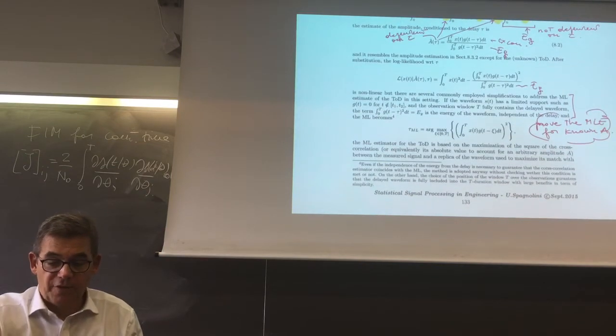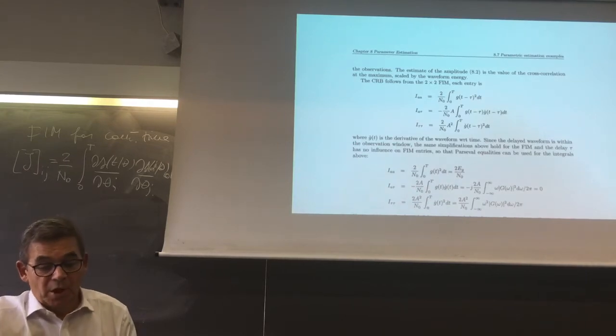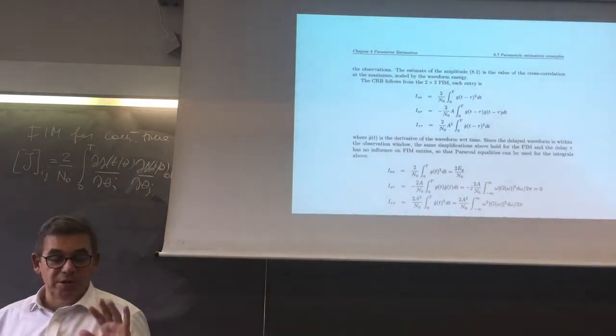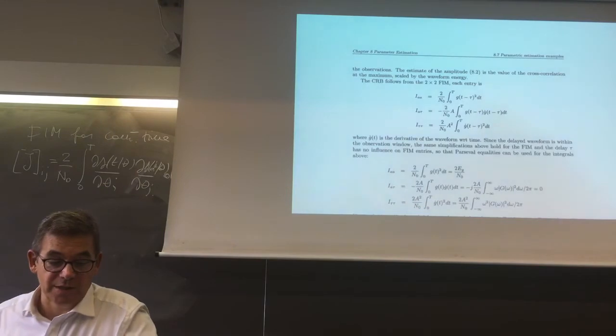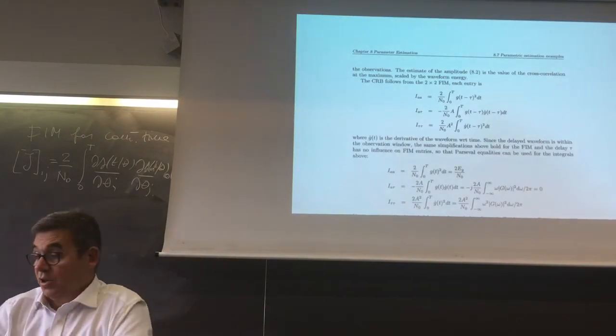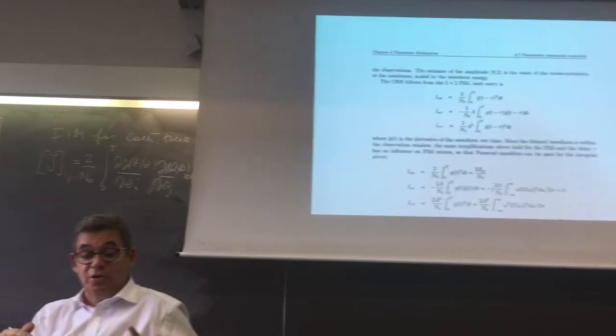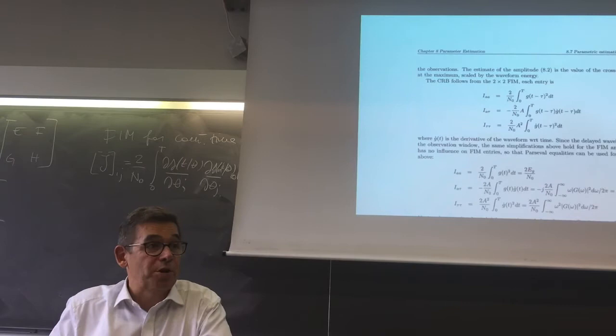Now, okay, fine. Now let's calculate the Cramer-Rao bound. This is what I wanted to do as an exercise today. In order to calculate the Cramer-Rao bound using the formula written here, I need to isolate the dependency on the model.